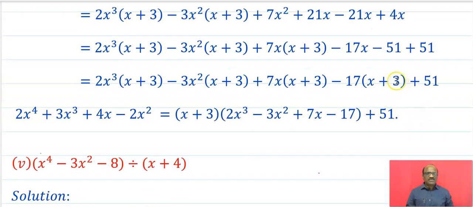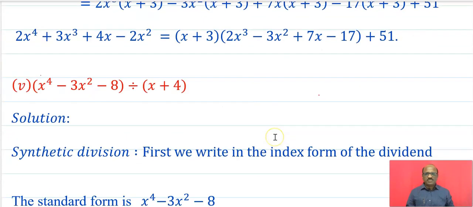And in this way, I will take the common x plus 3. And the quotient is 2x cubed minus 3x square plus 7x minus 17, and the remainder is 51.